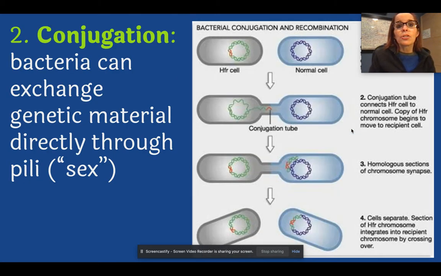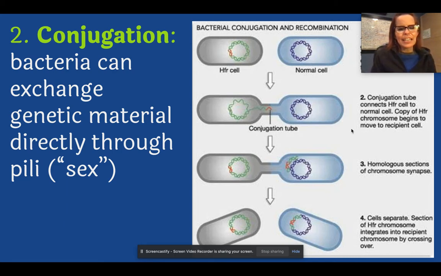Next, number 2, again, we're talking about how bacteria can get access to new DNA, which allows them to change and evolve. The second way is called conjugation, and conjugation is sometimes referred to as sex, but bacteria don't have male and female, so this is not sexual reproduction.